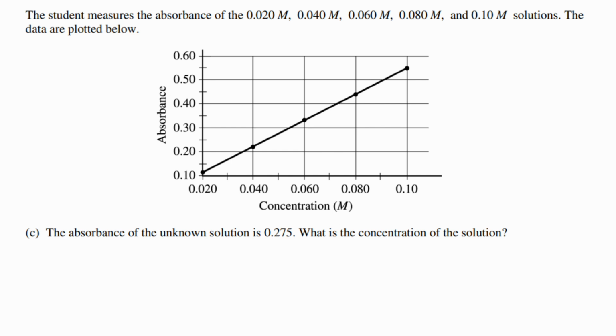If you look at the absorbance, this would be 0.25. So if it's saying 0.275, we'd be right about here, which means we are hitting down almost at the half mark there. So it would give us a 0.05 concentration. Basic reading of a graph on that one.